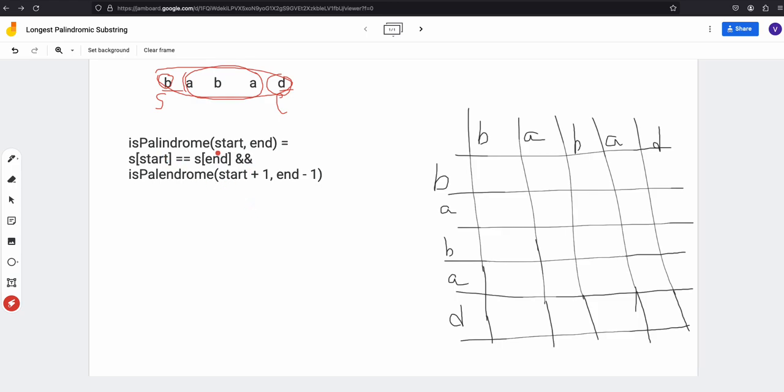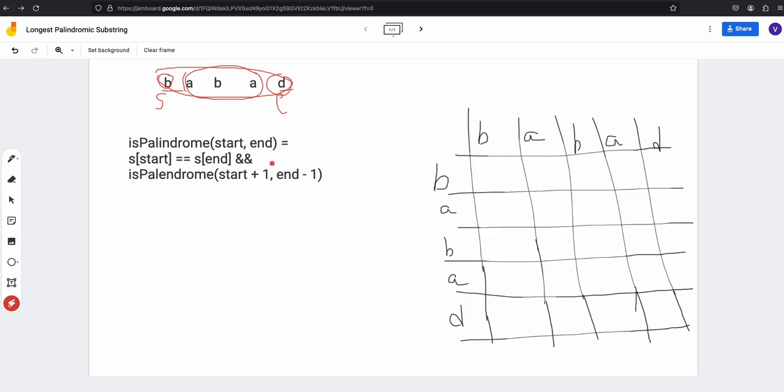How will you decide what is the start and what is the end? You are checking the palindrome for the start to end index. How do you know for which start and which end you have to do it? Will you do that for all the possible starts and ends? That's not required.